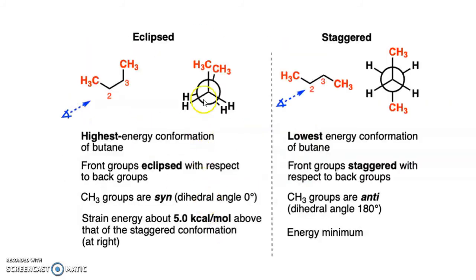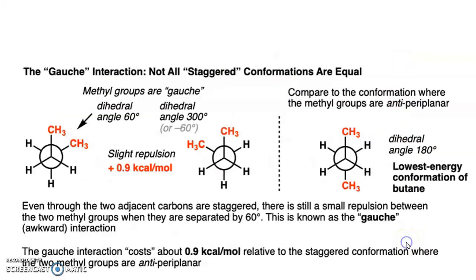The eclipsed conformation has the highest energy, when the dihedral angle is 0. The energy of the eclipsed is almost 5 kilocalories more than the energy of the staggered, and the lowest energy conformation of n-butane is staggered.